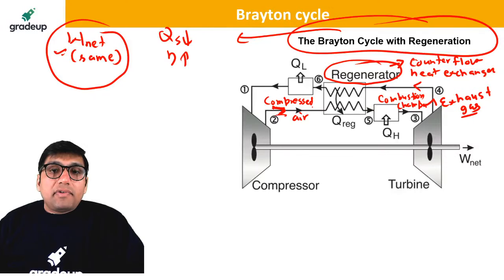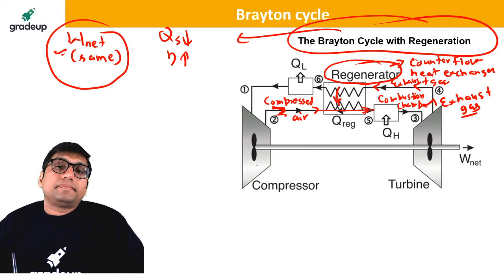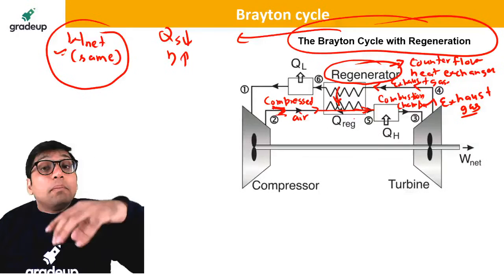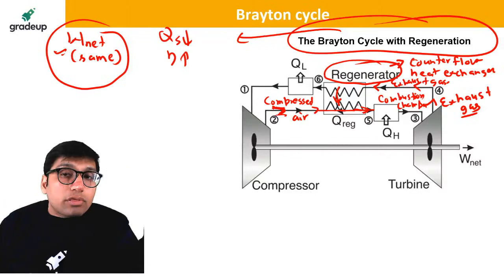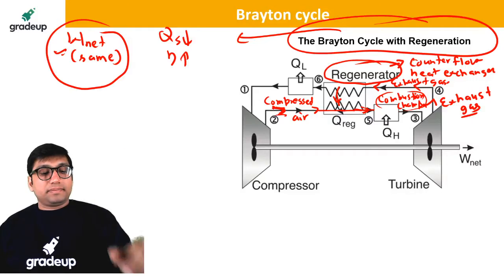In the regenerator, it will take the heat of the exhaust gases. The exhaust gases from the turbine will give their heat to the compressed air, and the compressed air will get heated up. Because of that, we have to supply less heat in the combustion chamber.